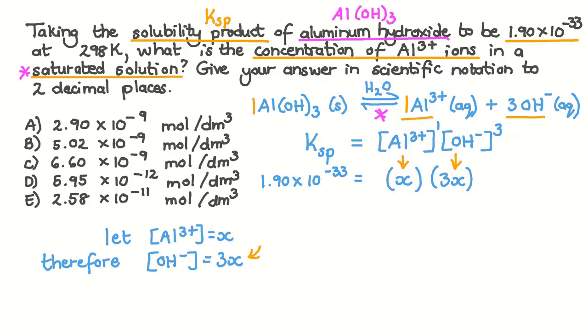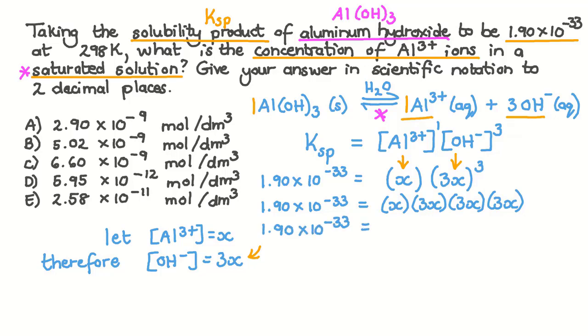We must remember to raise the concentration of the hydroxide ions, 3x, to a power of 3. You don't have to expand (3x) to the 3, but I have here just to make it clear what numbers we are dealing with and to do our calculation correctly. Multiplying everything out, we get 27x to the power of 4. Let's solve for x.